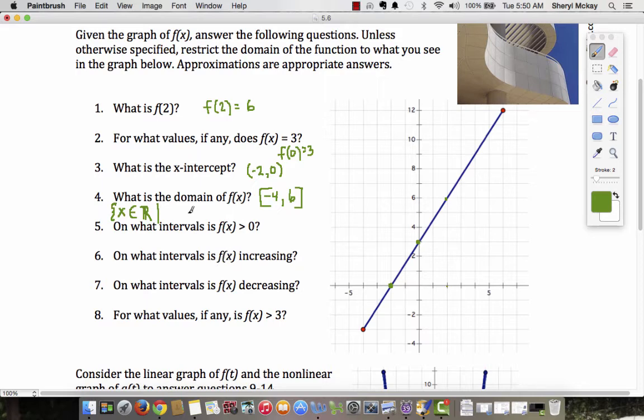And we'll say that x is greater than -4 and less than 6.